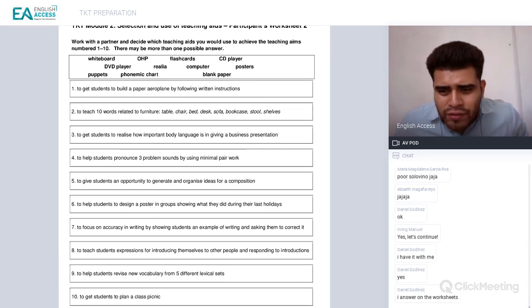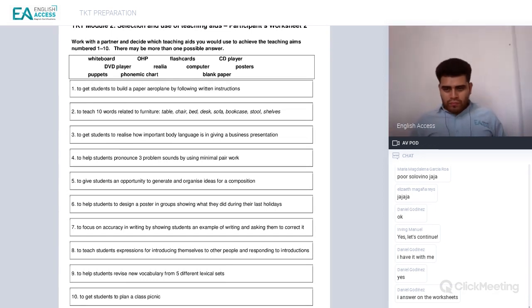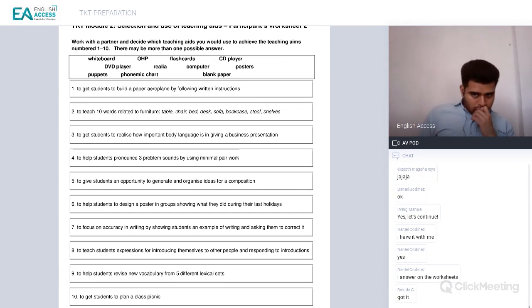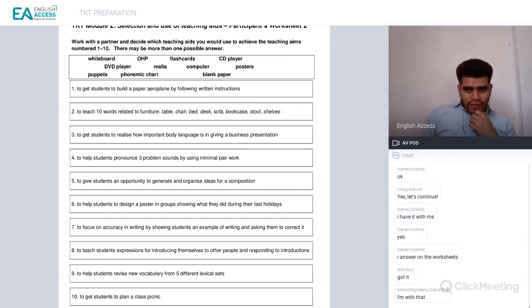Everyone, could you get this worksheet? Got it. All right, Magdalena, good. Nelly, Irving, Ila.